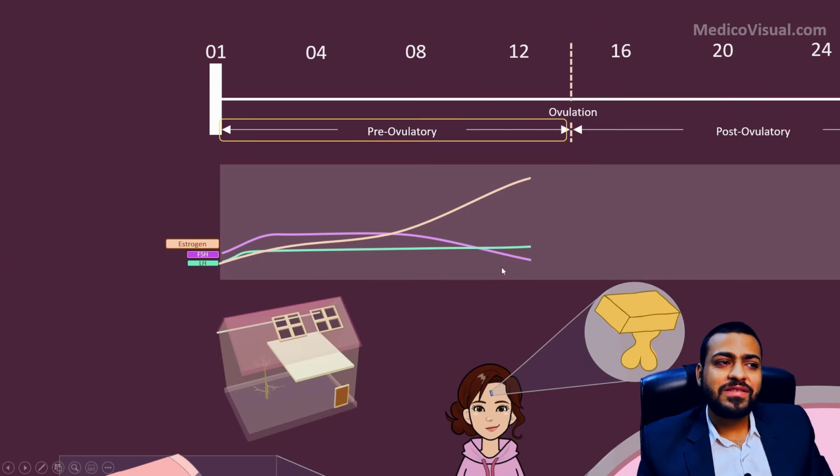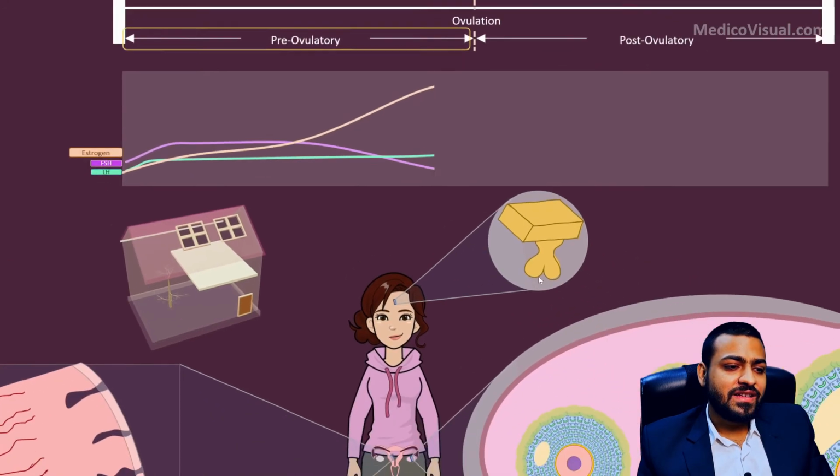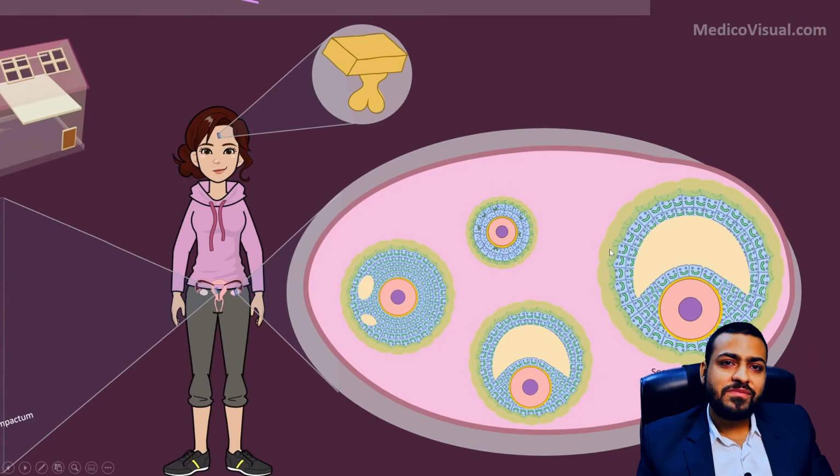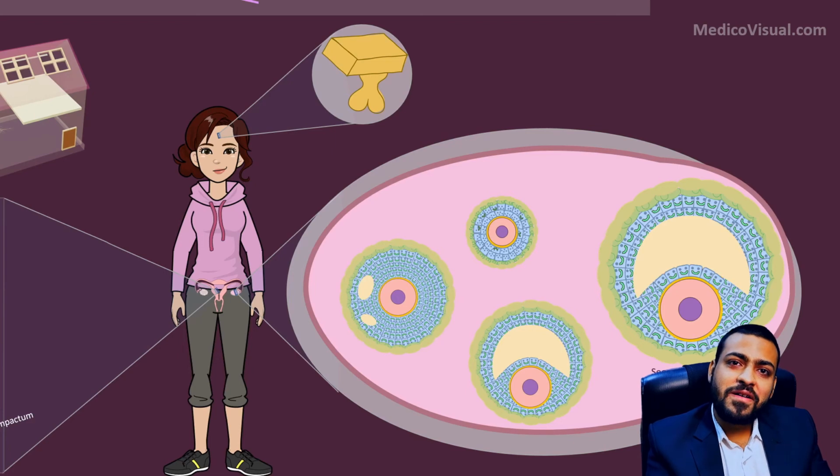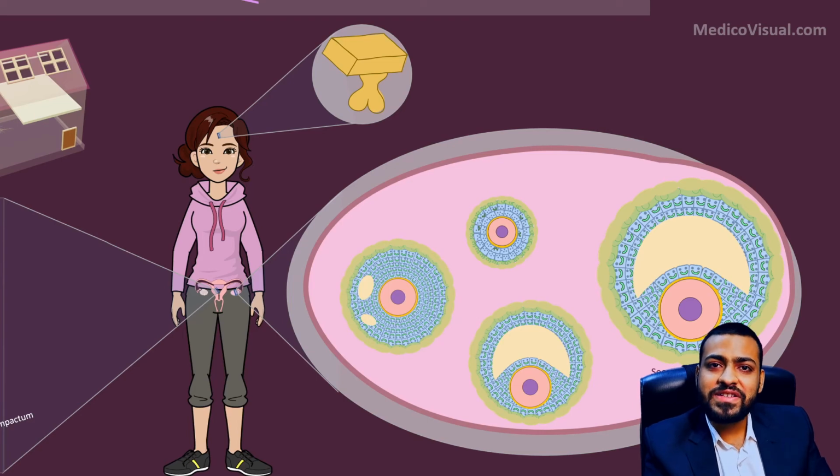And now what happens? As we had many follicles growing at their own pace, the dominant follicle can tolerate the decrease in FSH. It is not just dominant, but it has also become independent of FSH.